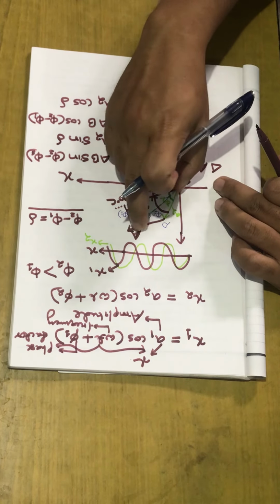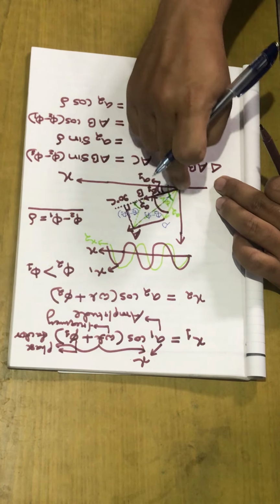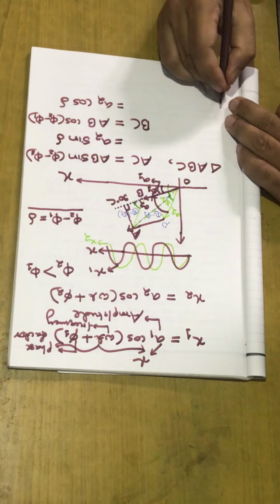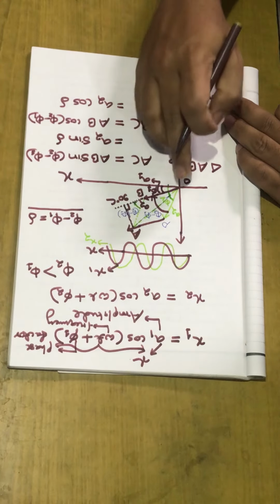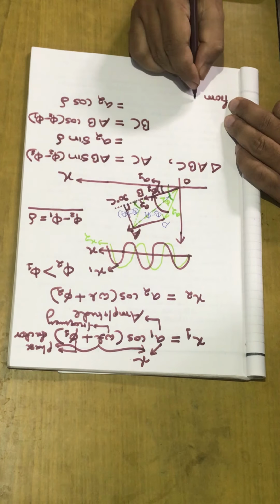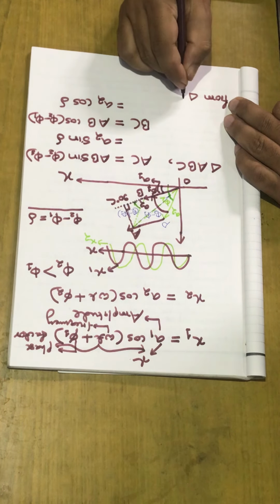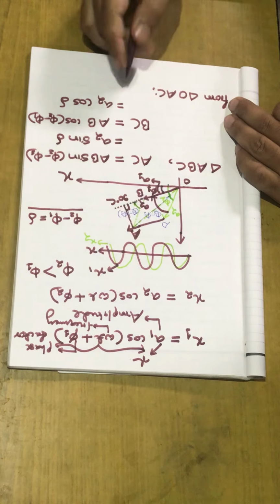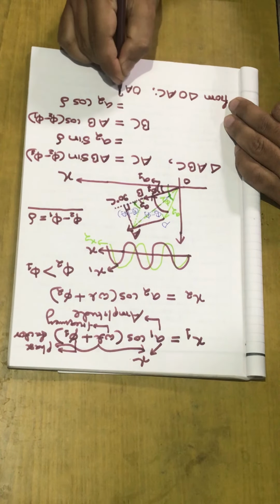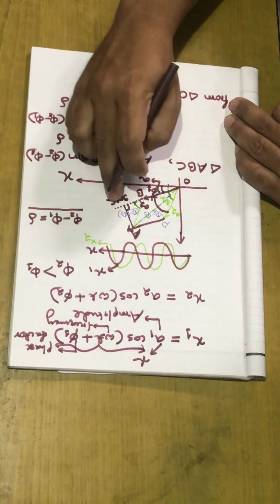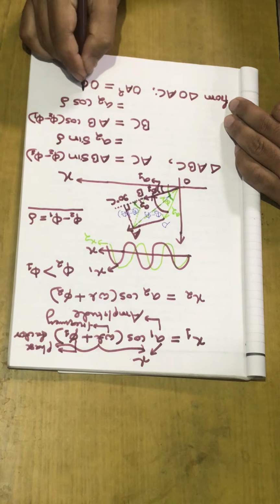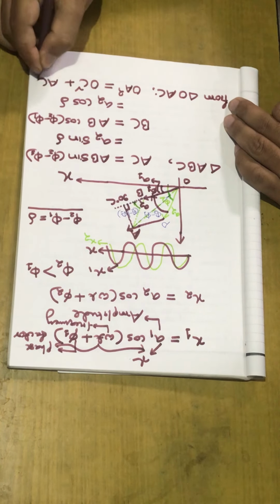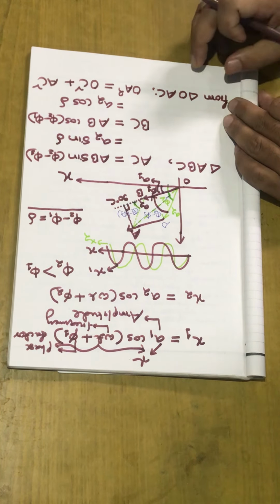So the OA vector is also a side of triangle OAC. Therefore, from triangle OAC, this is a right angle triangle, so OA square is equal to OC square plus AC square.